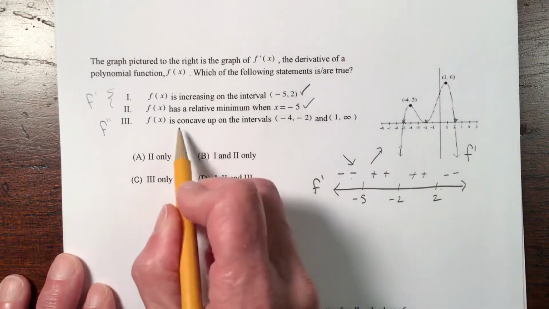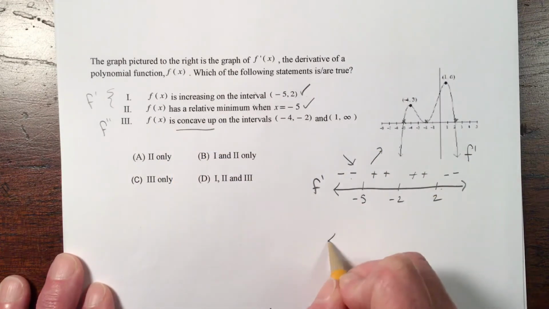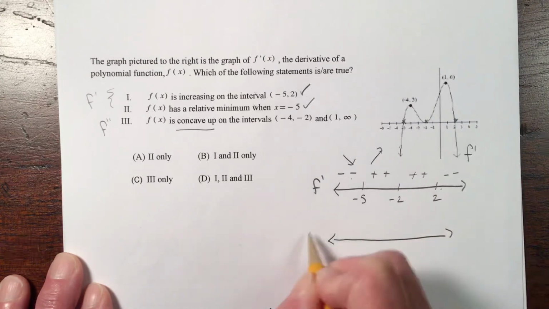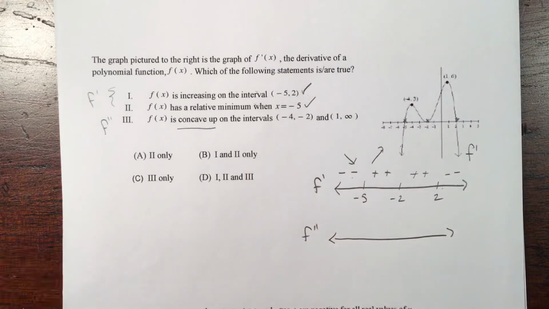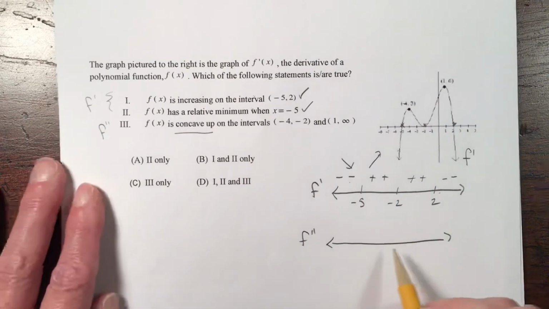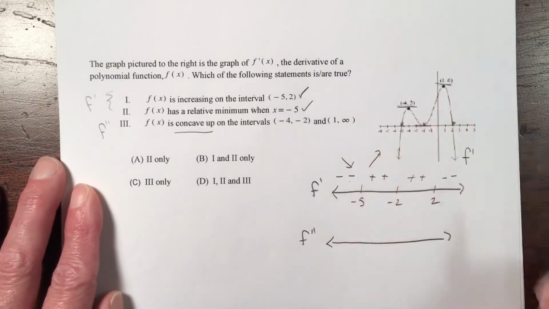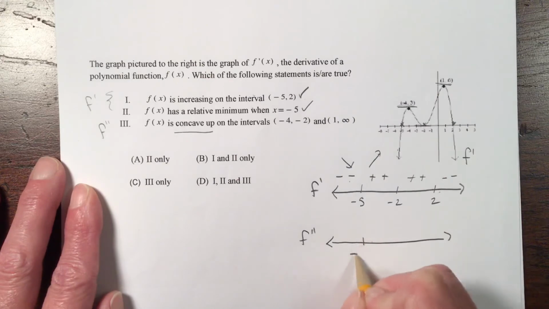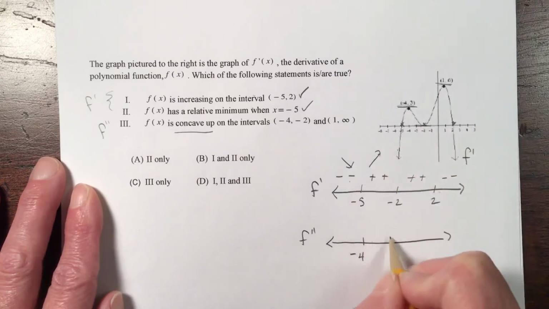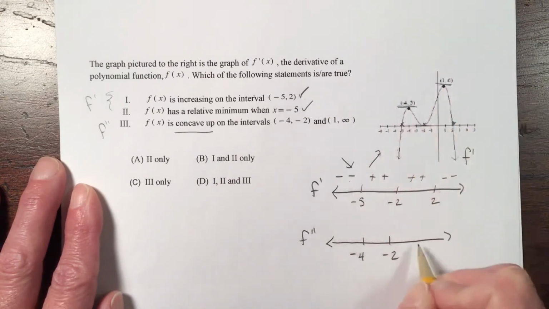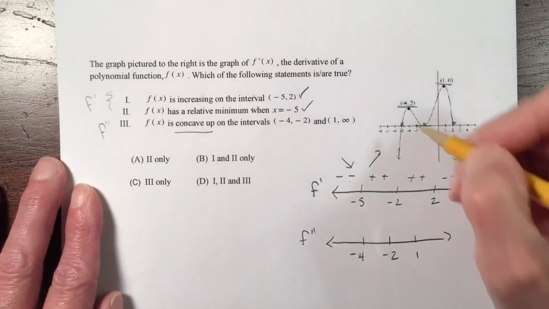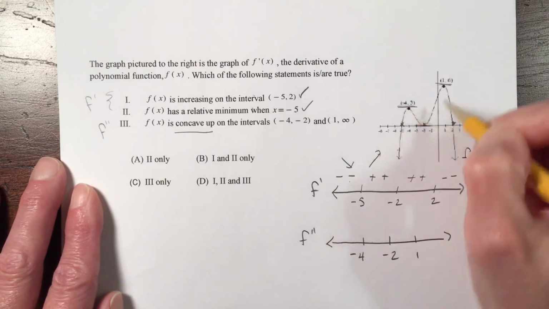F of x is concave up. We're going to need to look at the second derivative. How do I get the numbers to put on the number line? They're my horizontal tangents: -4, -2, and 1. How do I get the signs? They're my slopes.